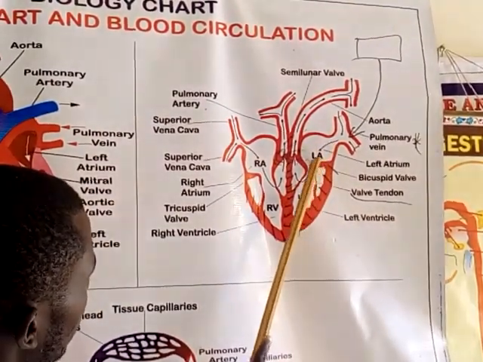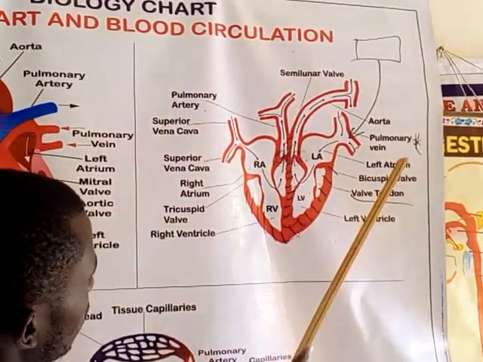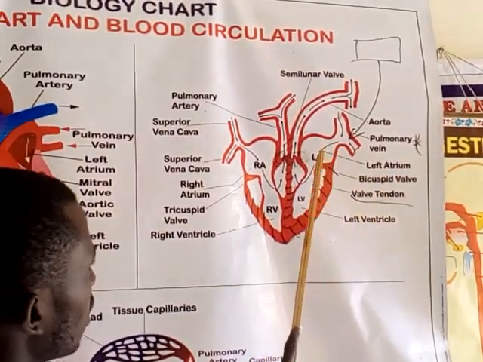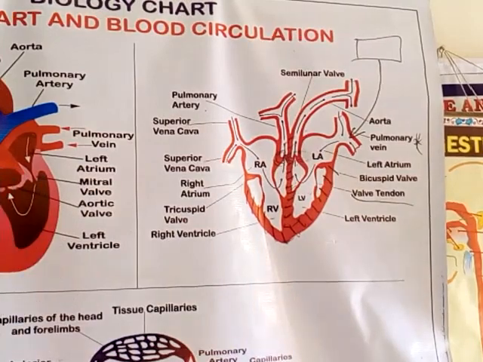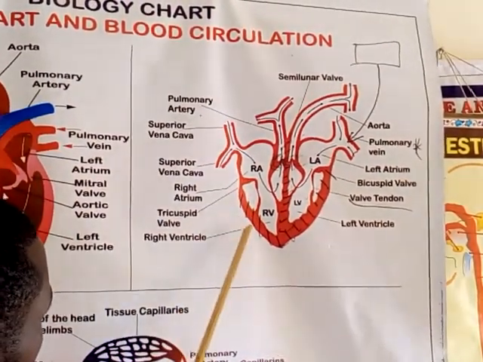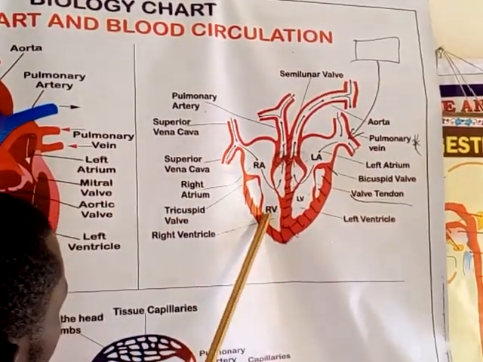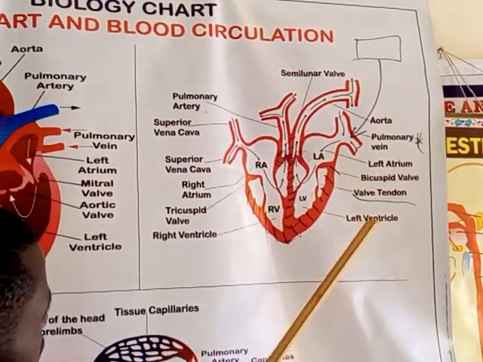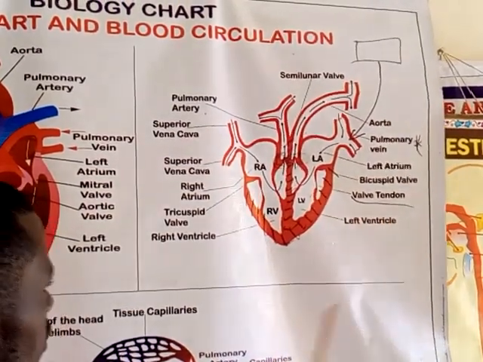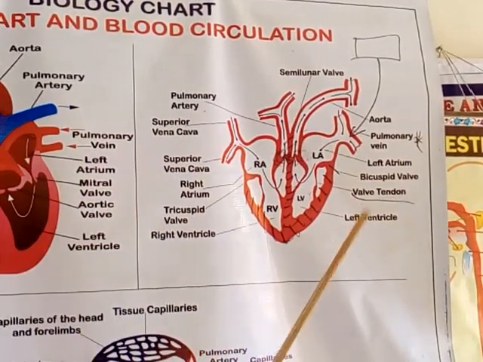Then there is a valve on the left side, known as the bicuspid valve, which allows the blood into the left ventricle. I think now you can see there is a difference between the right ventricle and the left ventricle in terms of capacity and volume. As we said, the heart is composed of cardiac muscles.